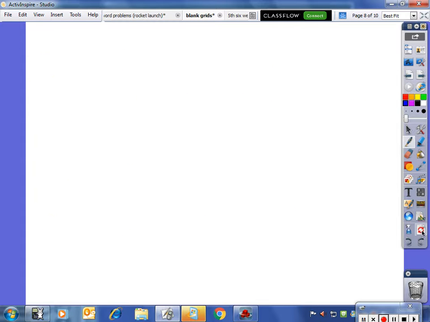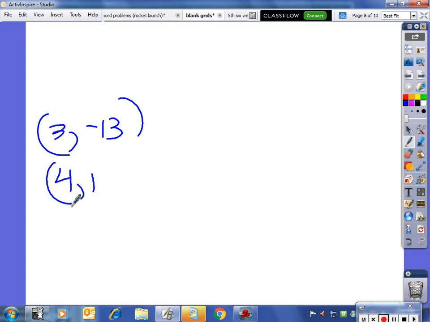All right, try this one, please. Positive 3, negative 13, 4, 1. Find the slope, describe the line. This one is not vertical or horizontal.